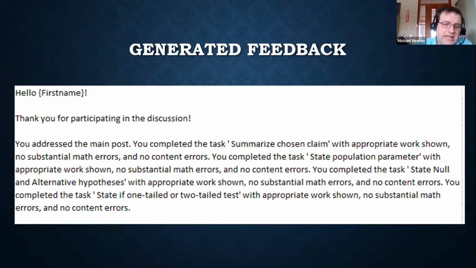Do they have any substantial math errors? Do they have any content errors? And if they actually did it. So that's why each sentence in there says you completed this, or, if they didn't, just say you did not complete the task, and it would stop right there.